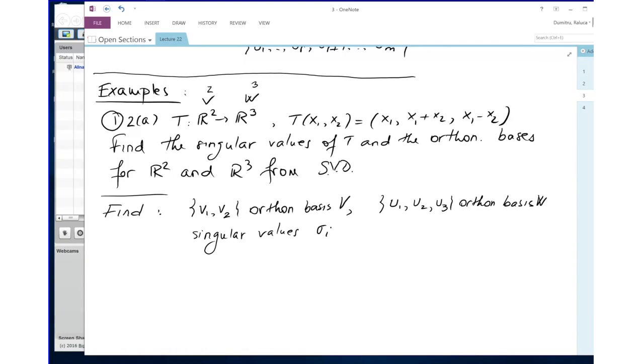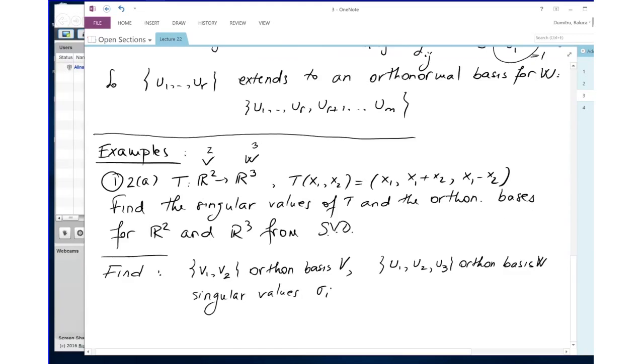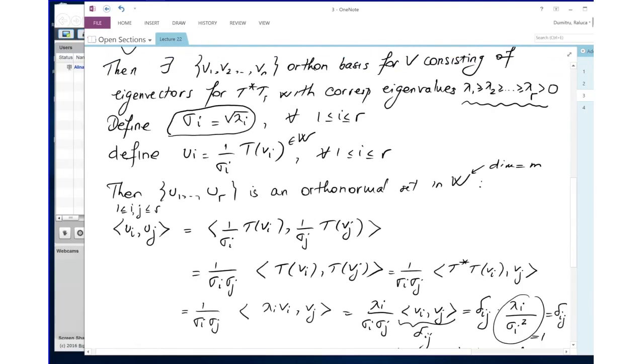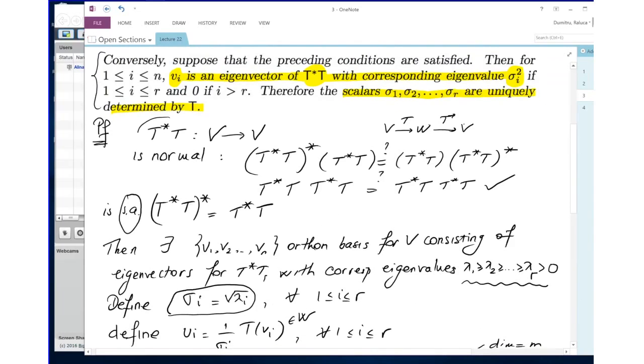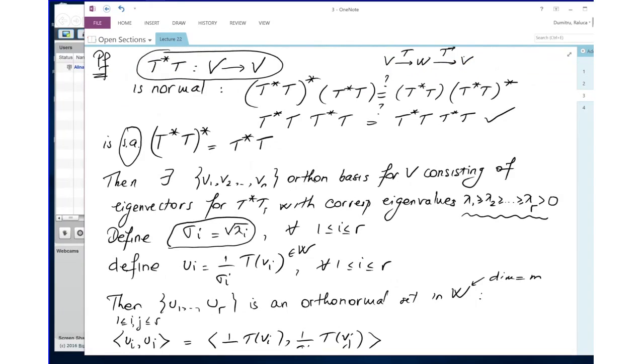Okay, so the proof of the theorem. How did the proof go? We went to T star T, right? Let me go back. What was the first step? We considered this operator T star T, automatically diagonalizable. And we really need its eigenvalues and its eigenvectors to form the first set, v1 through vn. All right, we can do that.